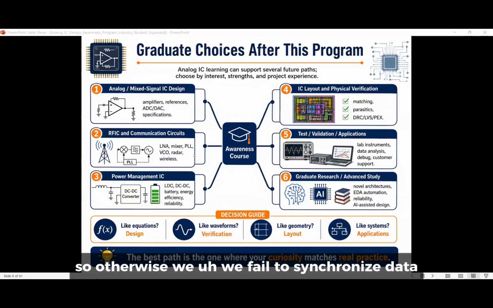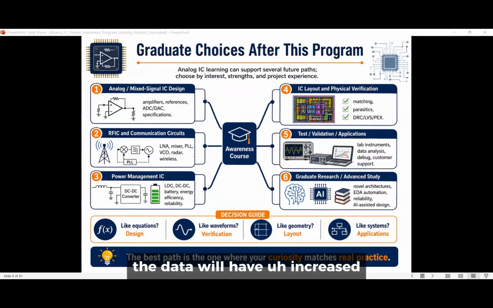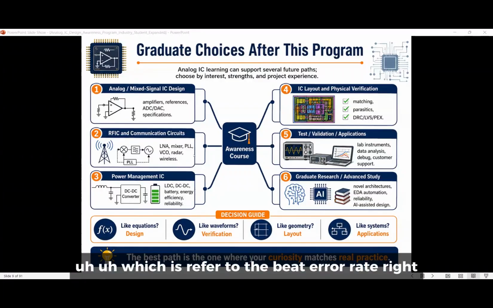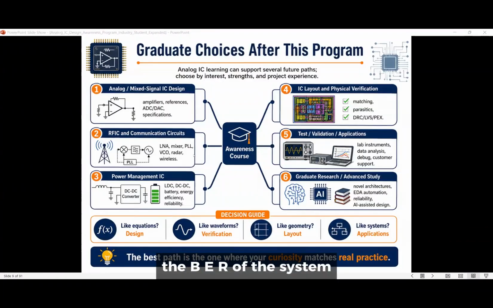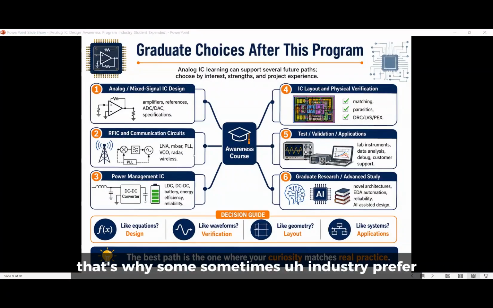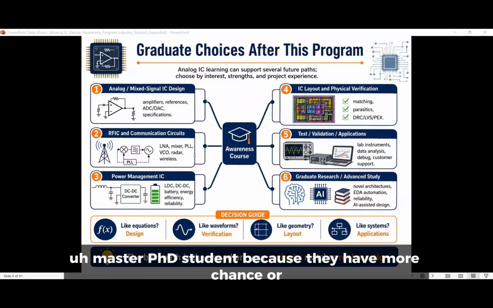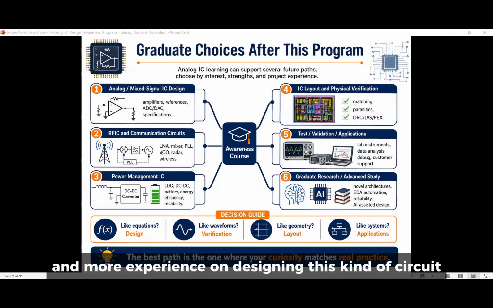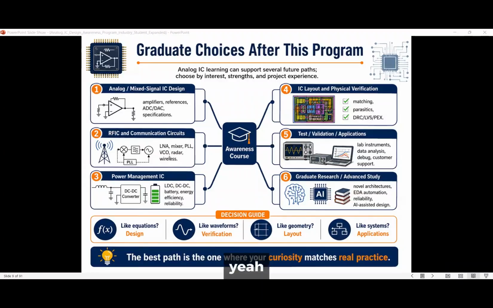Otherwise, we fail to synchronize data, and the errors will increase, which is referred to as the bit error rate, the BER of the system. So this is a very critical block. That's why industry sometimes prefers master's or PhD students, because they have more chance and more experience designing this kind of circuit.